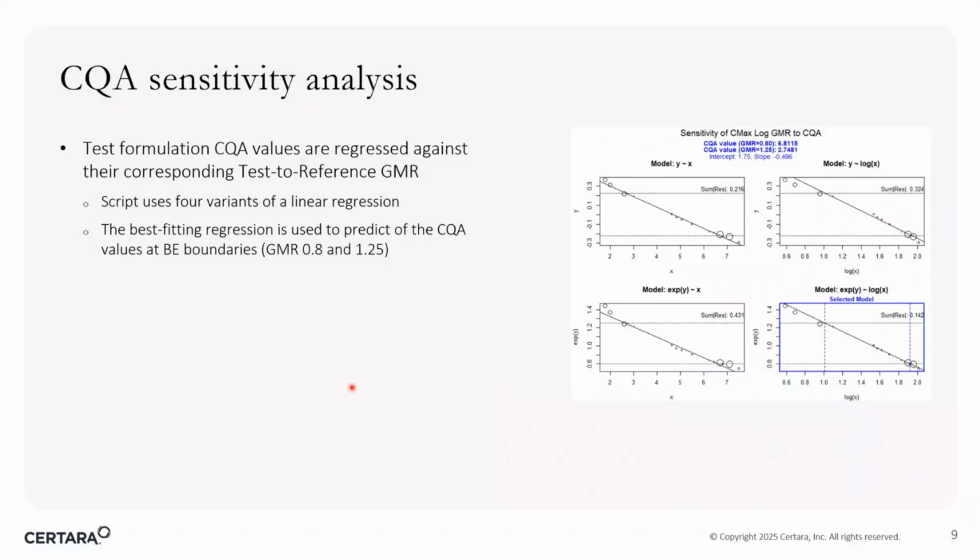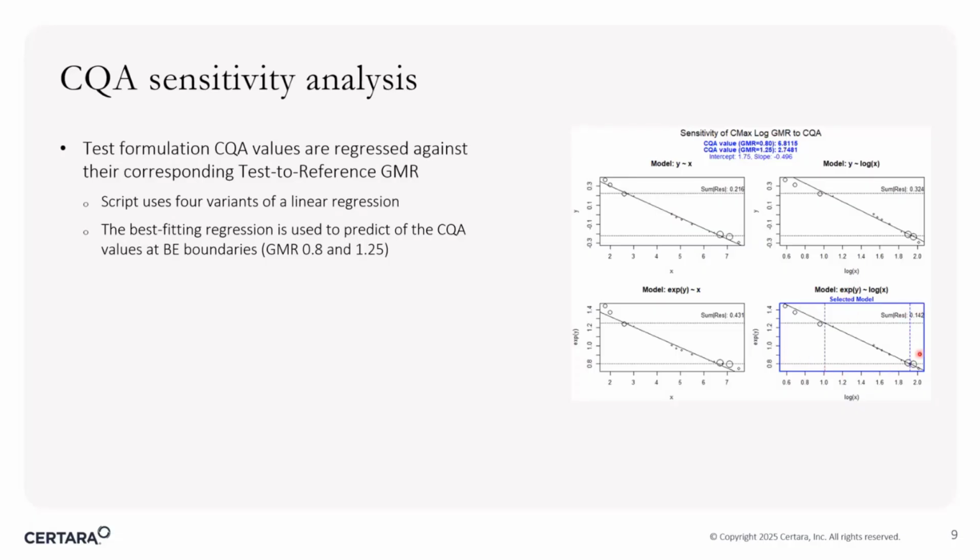We have a CQA sensitivity analysis tool. In this, we regress test formulation CQA values against their corresponding test to reference GMR. So this is specifically looking at point estimates of the GMR. We regress it with 4 different versions of a simple linear regression model, and we identify the best fitting model using the sum of the residuals.